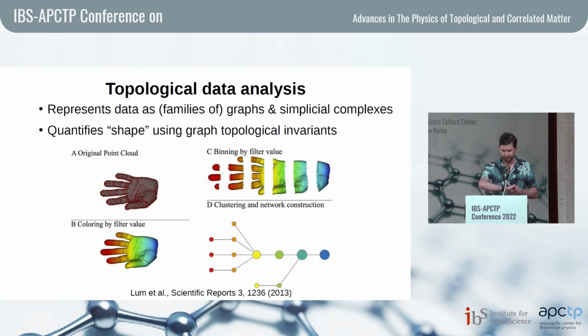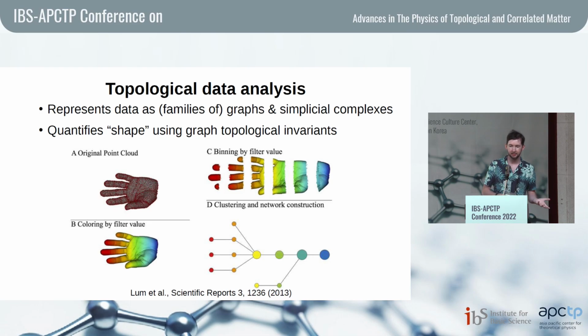So my focus today is going to be on a class of algorithms known as topological data analysis, where the idea is to represent these data sets formed by point clouds in terms of some graph or a higher dimensional generalization of graphs known as simplicial complexes.